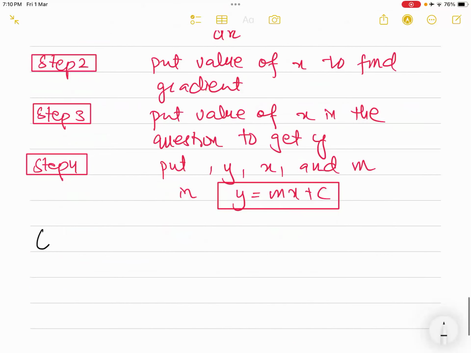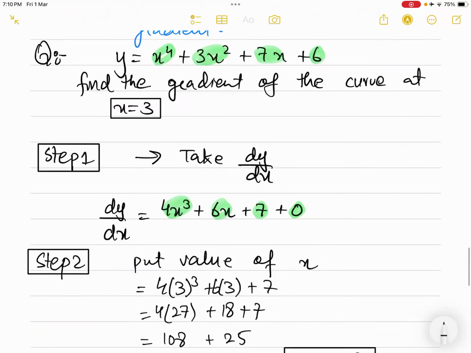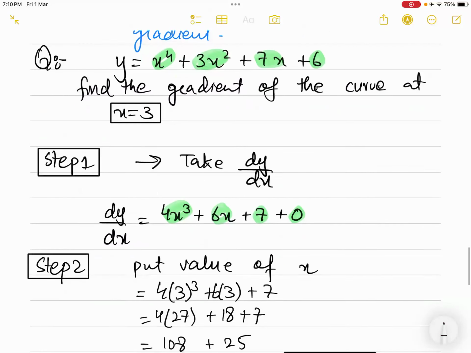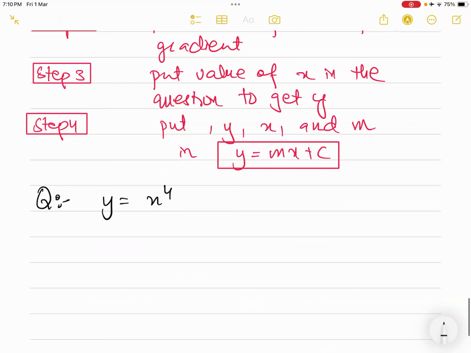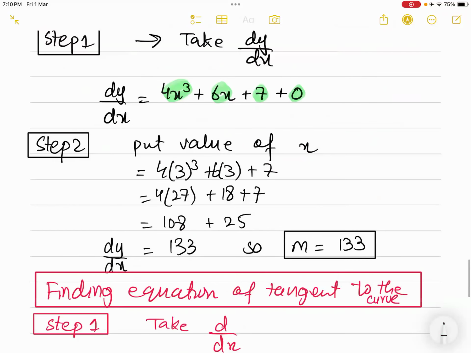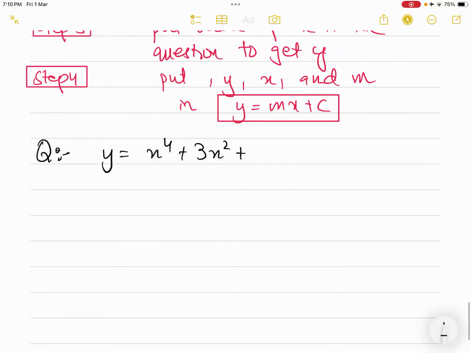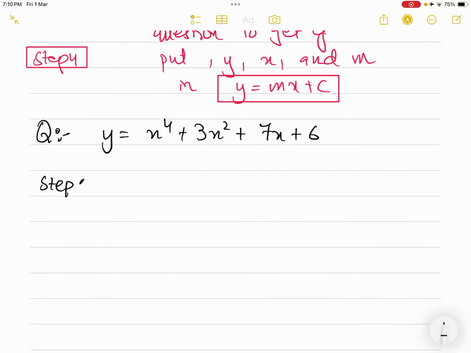For example, same question, y is equal to x power 4 plus 3x square plus 7x plus 6. Step 1, take dy by dx.